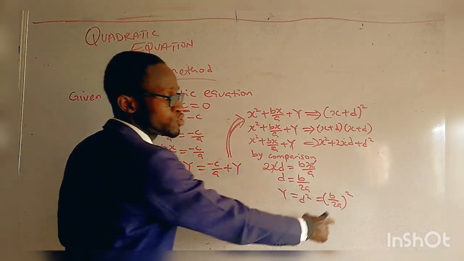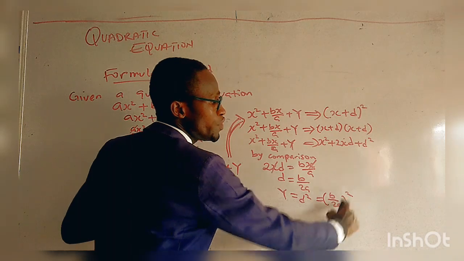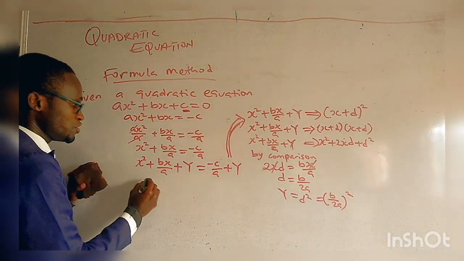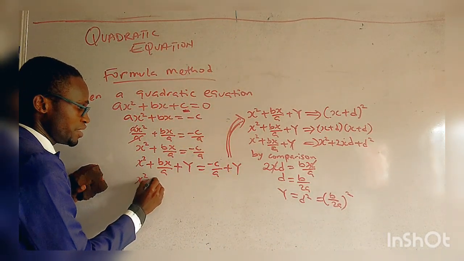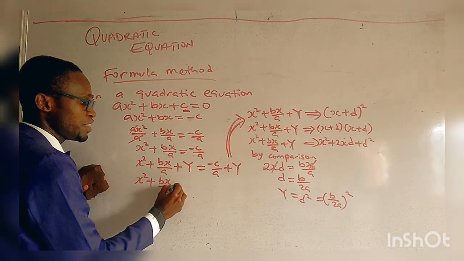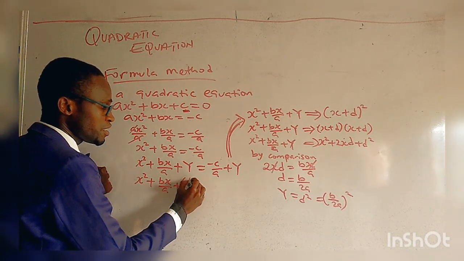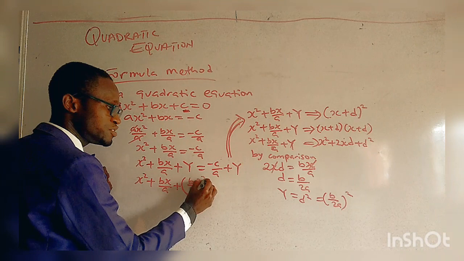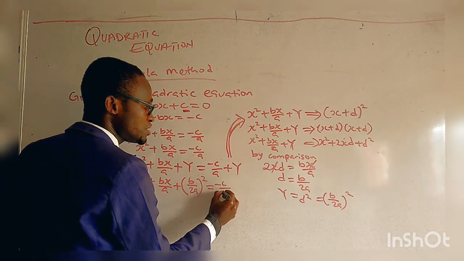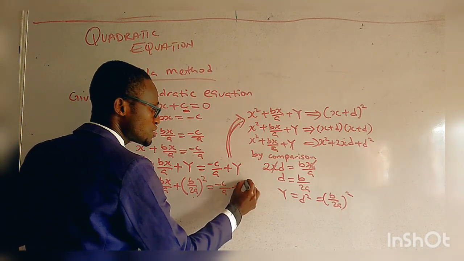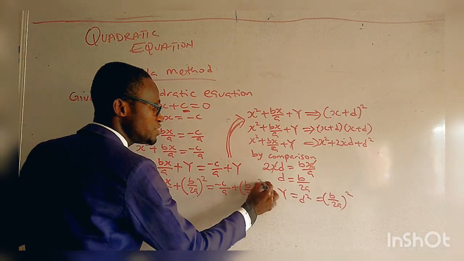So for us to make this a perfect square, what we have to add to the equation is b all over 2a squared. Bringing that back, we have x squared plus bx all over a plus b all over 2a squared equals minus c over a plus b all over 2a squared.